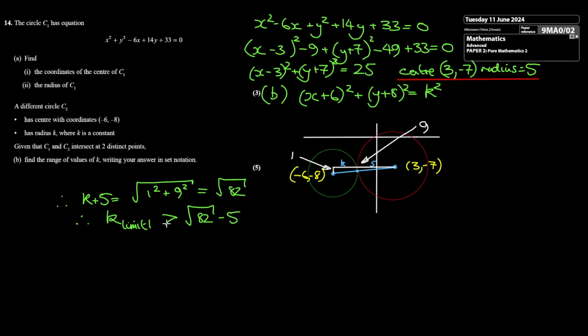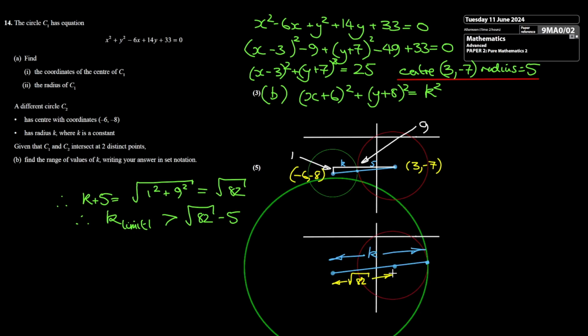Because if k is greater than that, this green circle will increase in size and will start touching the red circle in 2 places. But what do we do if that k circle, that green circle, keeps expanding? There is another limit, which is the limit when we reach the other side of the red circle.